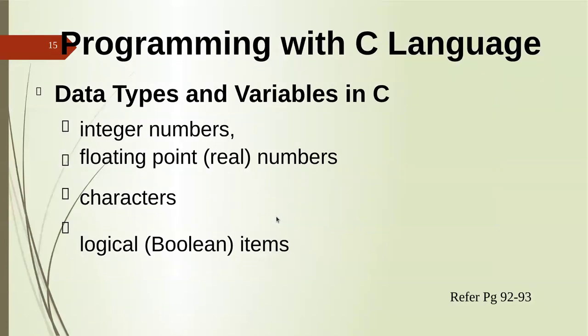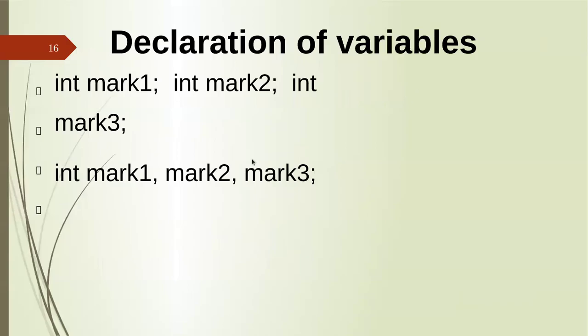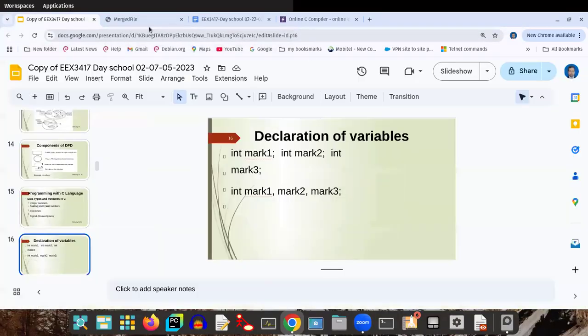Now we start programming with the C language. Data types and variables in C: integer numbers, floating point, character, logical, boolean items. I will explain using C programs, practically.